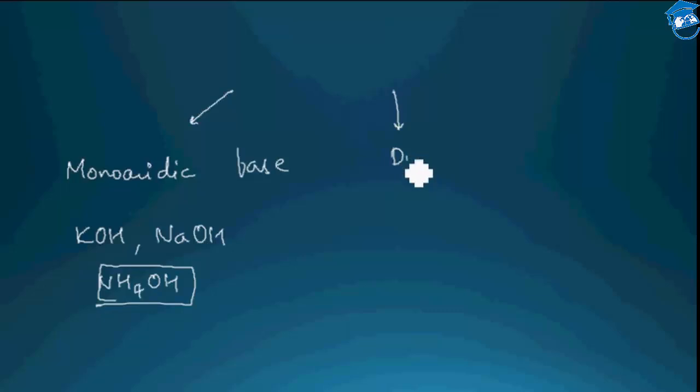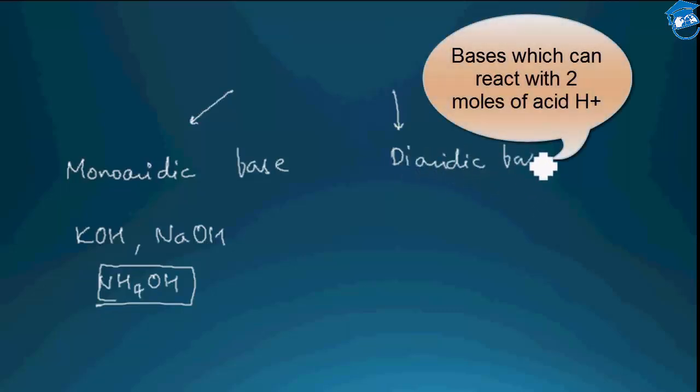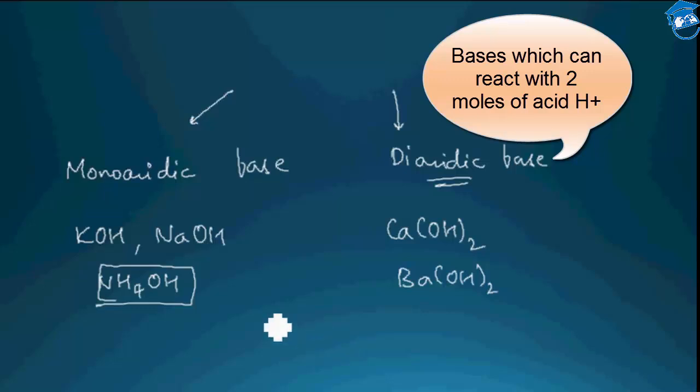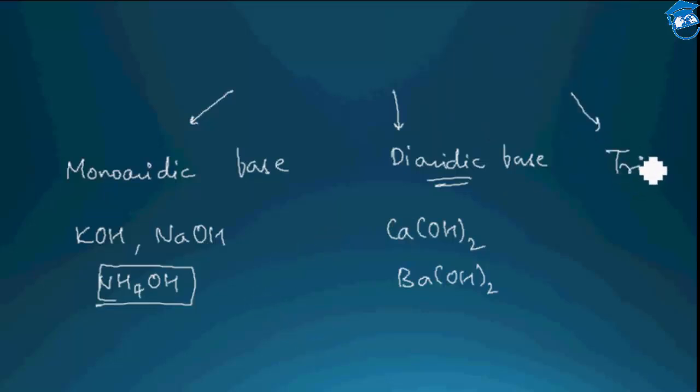Likewise, we can have diacidic bases, which can react with 2 moles of H plus. These bases have the ability to donate 2 OH minus, like calcium hydroxide or barium hydroxide. And in the same way we have triacidic bases, like Fe(OH)3.